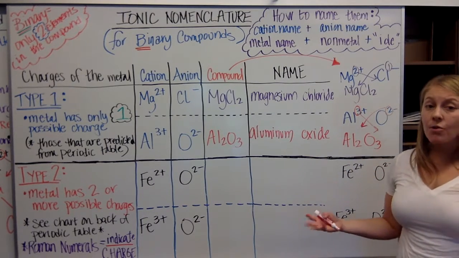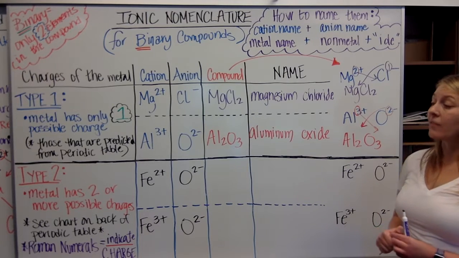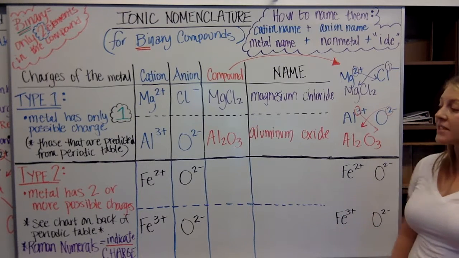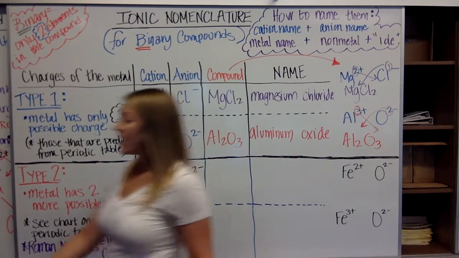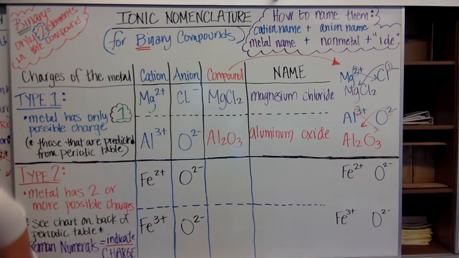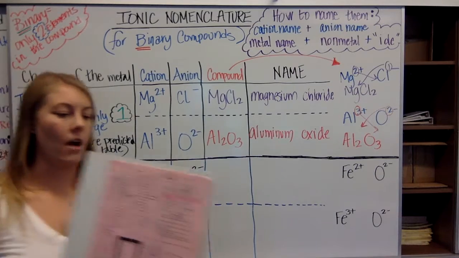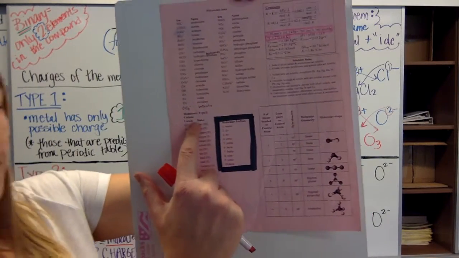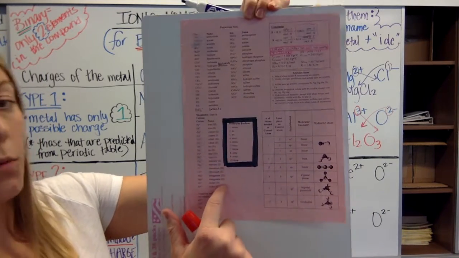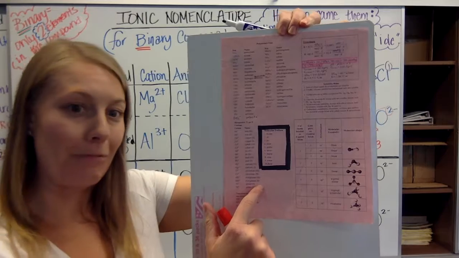Now the type 2 binary compounds are only slightly different, and the difference here is that the metals have 2 or more possible charges, not just one charge, and we're going to see those on the back of the periodic table here. So these are all the monatomic type 2 cations. We've seen the different charges that they can take on, and we've actually boxed those on our periodic table, hopefully.